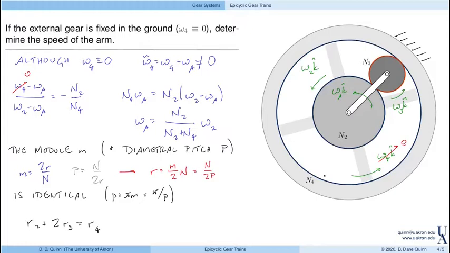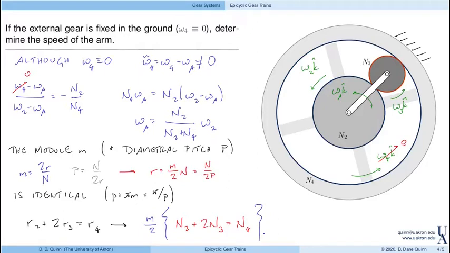So the radius of this large gear is the radius of the inner gear, the sun gear, plus the diameter, or twice the radius of the planet. And as a result, we see that R is m over 2, right? So I can basically factor out an m over 2 from each of these. And we get n2 plus 2 times n3 equals n4.